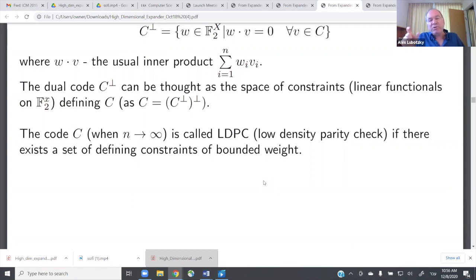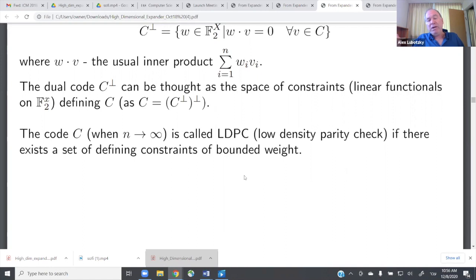I want the equations to be very short, otherwise it will take an awful lot of time. And Gallager, long ago, suggested this notion of LDPC, and he proved along the same lines as Shannon that LDPC codes exist by random consideration.